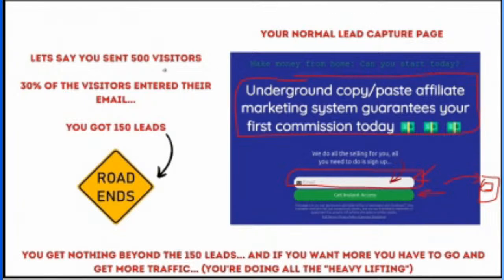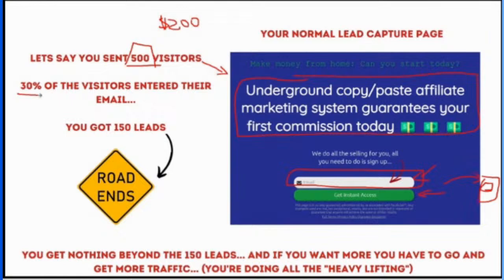Now, to run some actual numbers, to give you a real example here. Let's say you sent 500 visitors. Let's say you bought a solo ad and you paid $200 for the solo ad and you got 500 visitors to go to this page. A fairly average opt-in rate in our industry is around 30%.